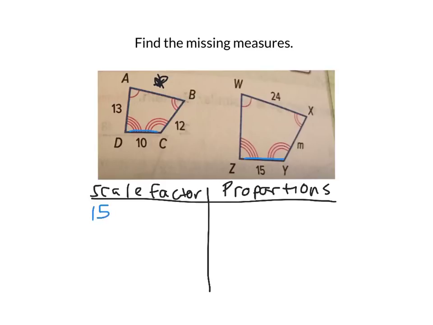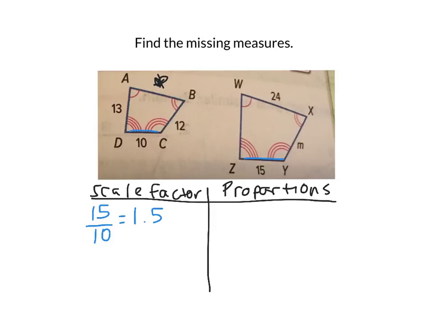So again, if I'm starting with my big number on top, my scale factor is going to be 1.5. So that means I can multiply any dimension in this first shape by 1.5 to get a side in my second shape.